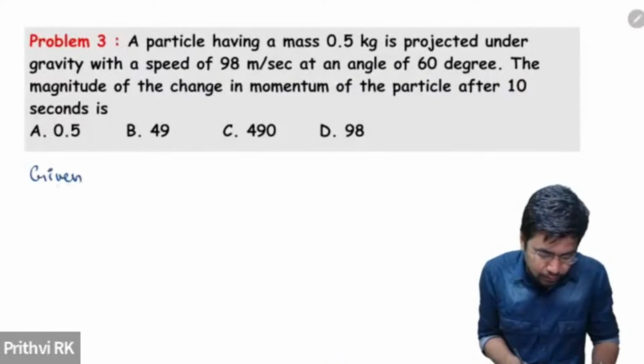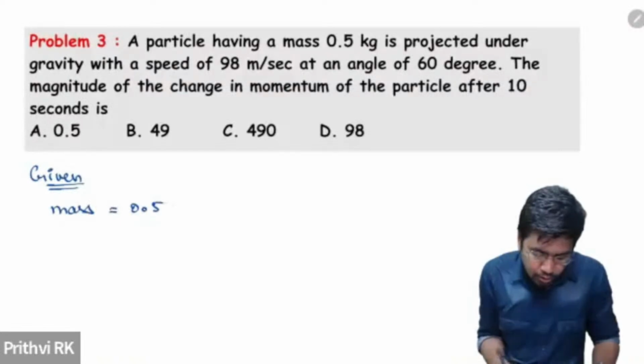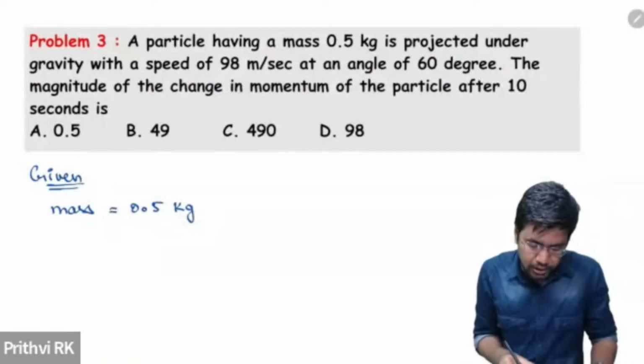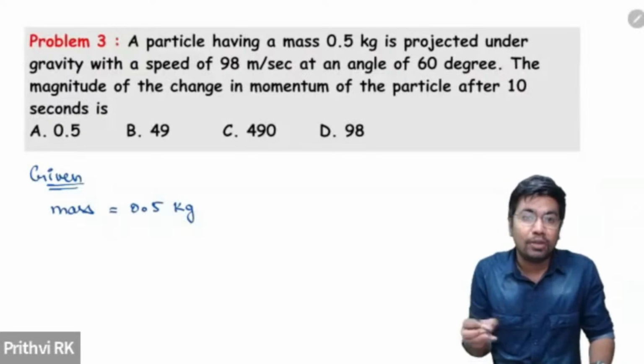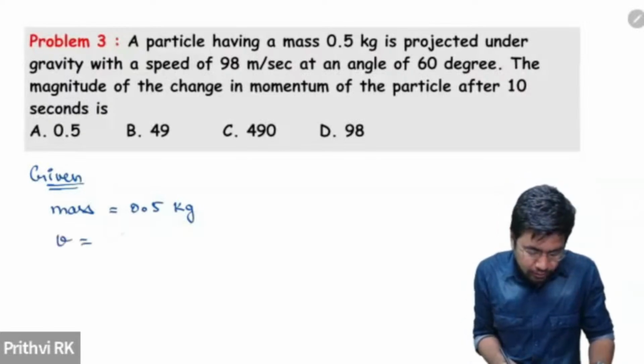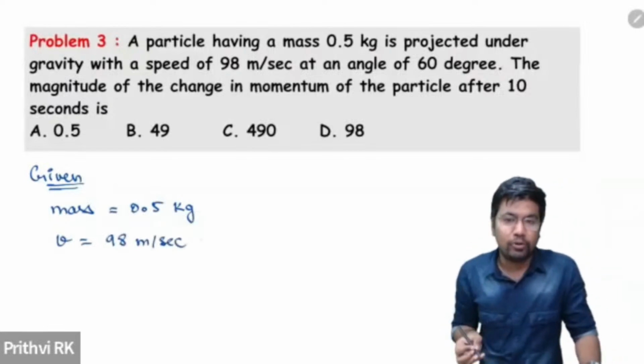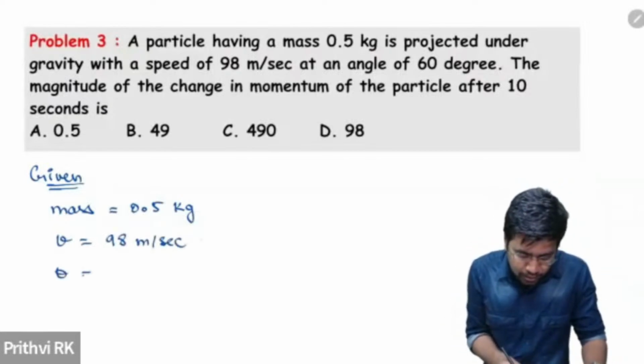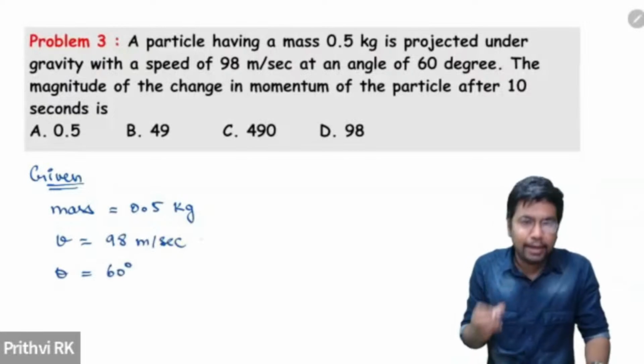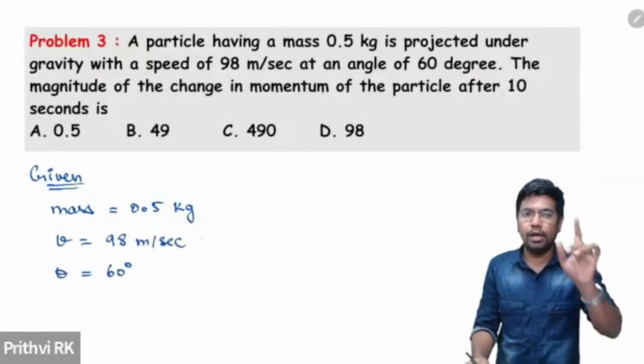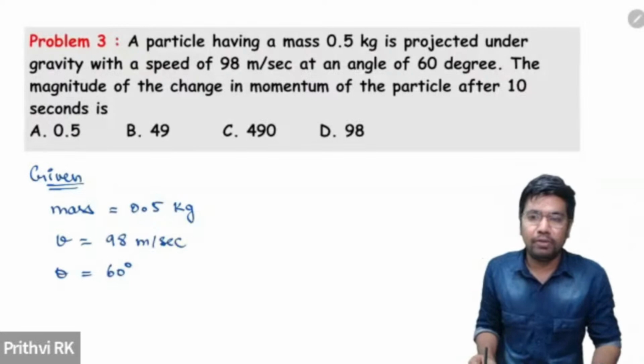They have given mass, which is 0.5 kg. It is projected under gravity with a speed. So they have given the velocity 98 meter per second. Fine, super. They have given an angle which is 60 degree. I don't know why this angle is here. Maybe while solving we can understand.